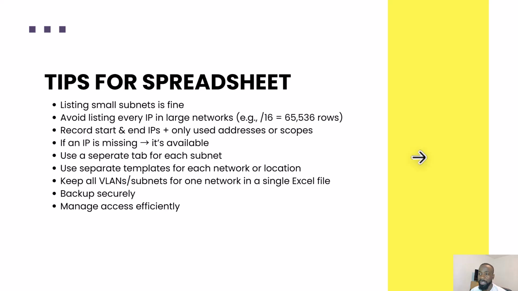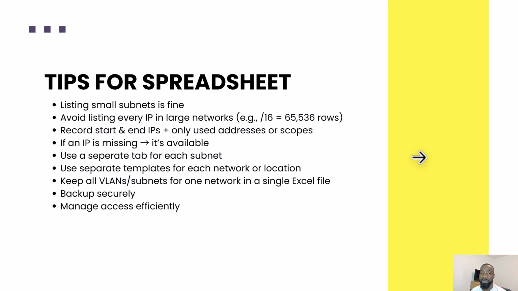So you can use a different tab to separate various subnets. Now, you can also use separate templates for each network or location. If you have multiple locations or your network spans multiple geographical locations, you can use various spreadsheets for those locations. You can also put the locations in a tab. It depends on you entirely, right?